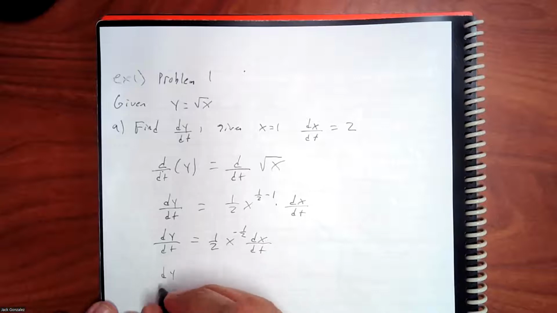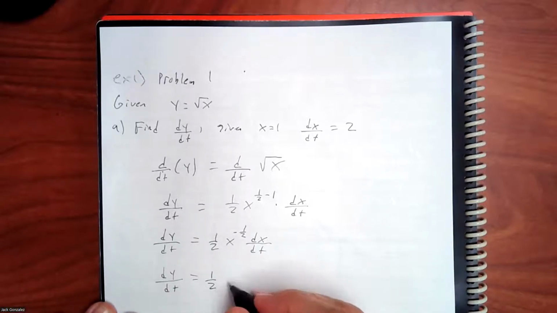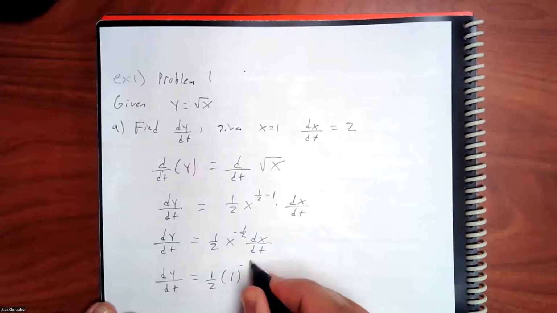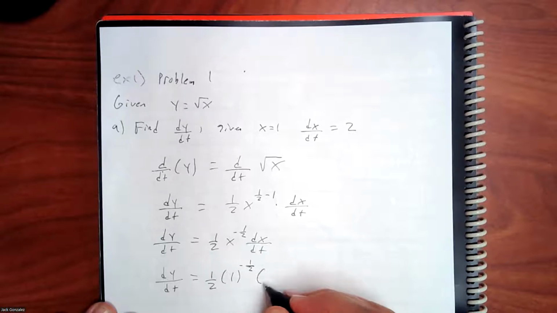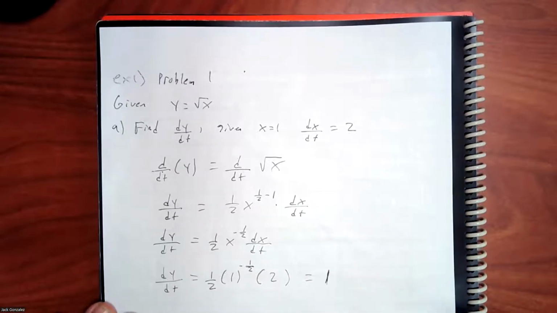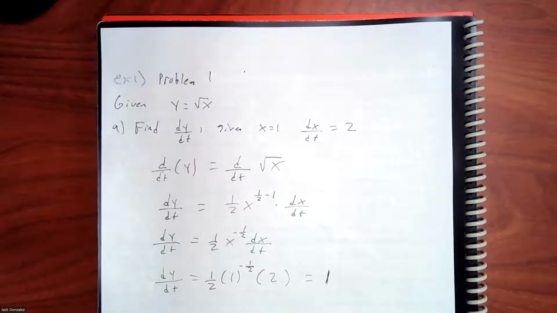Once we do that, we'll know what dy/dt is. So x is 1, so 1 to the negative half times 2. So that will be 1, right? 1 to any power will be 1. 1 times a half is half. Half times 2 is 1.